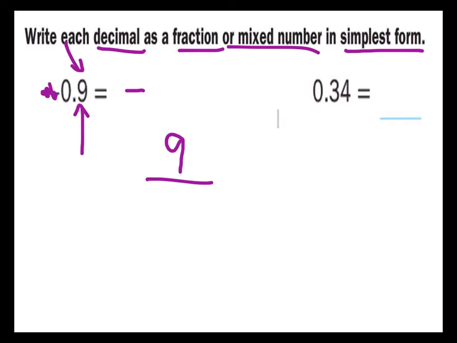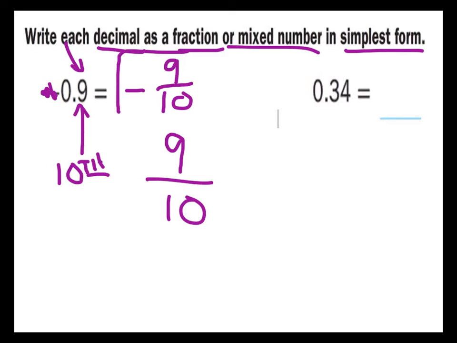You'd go to the right one as tenths, hundredths, thousandths, and it only goes to 100 trillions. Let's hope that you do not need anything beyond that, because my posters only go that far. All right, this is in the tenths place, so I just put it over 10. Can this be simplified? No. Therefore, the answer is negative 9/10.